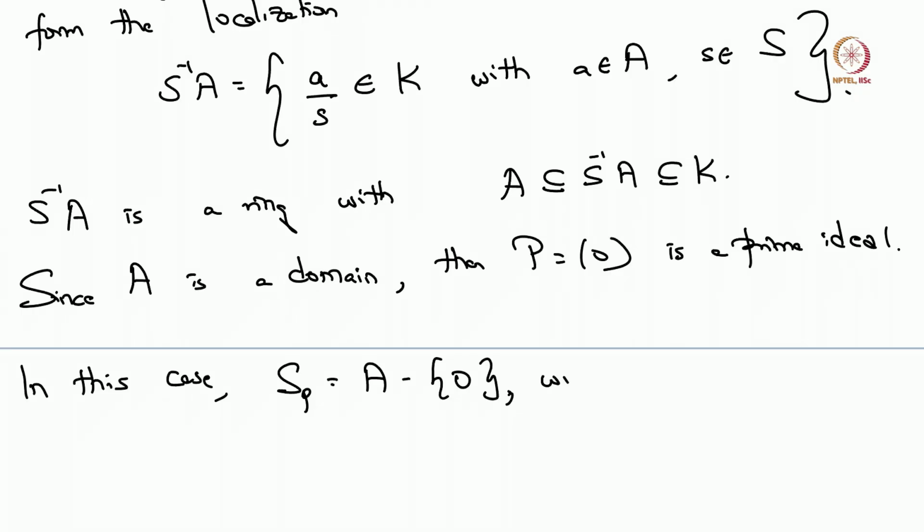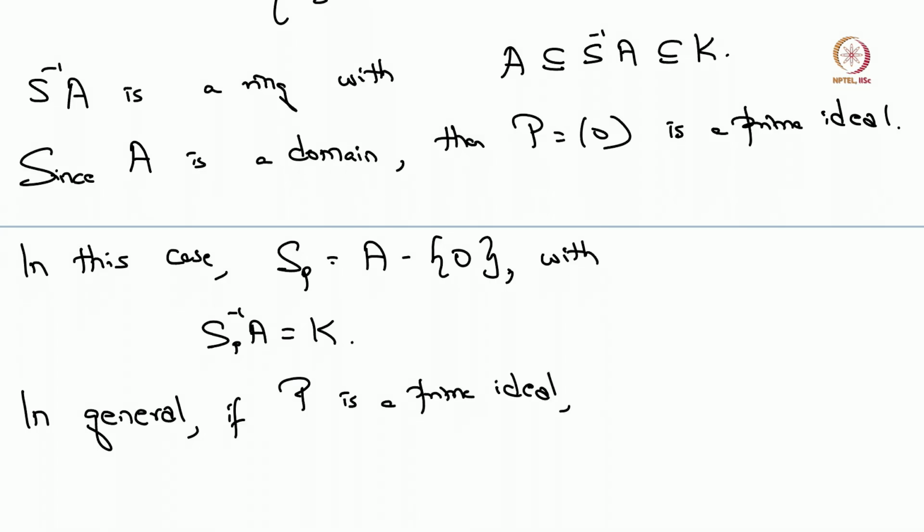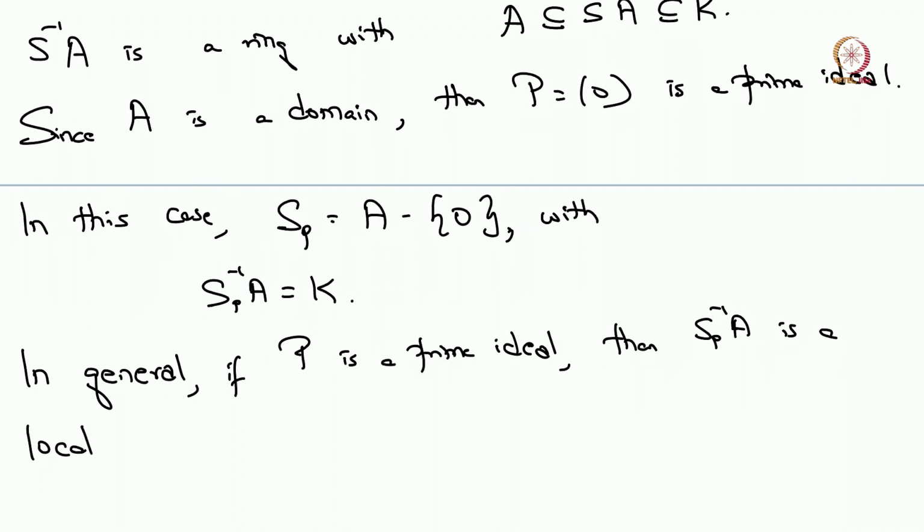And then it's not hard to see that this localization is in fact equal to the fraction field K. And in general, if P is a prime ideal, then this localization S_P inverse A is a local ring, which means it has a unique maximal ideal.